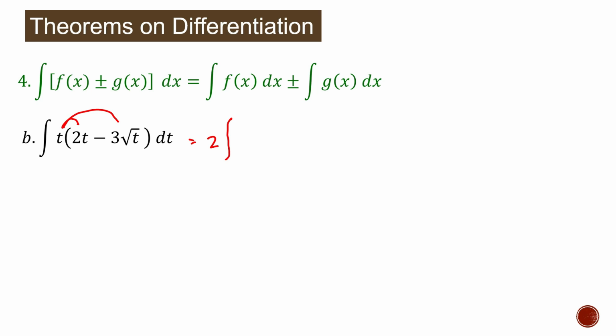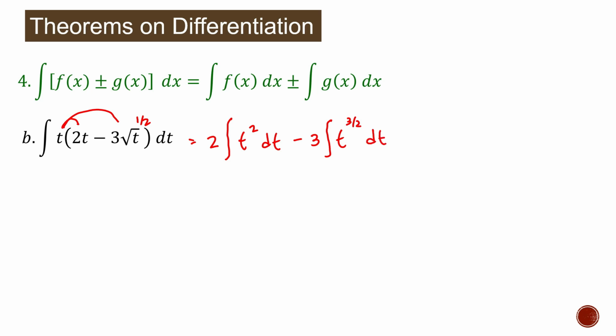using theorem number 3 at the same time, t squared dt minus 3. Now that this is 1/2, so 1, the t has a 1 times plus 1/2, that's t raised to 3 over 2 dt.